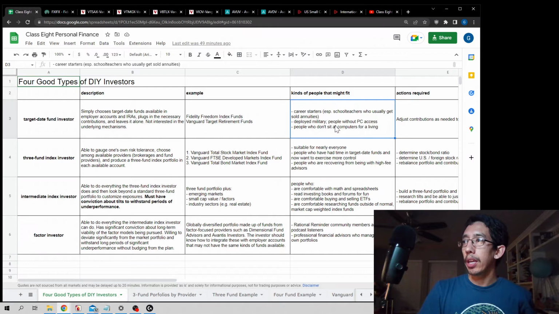And these annuity companies like TIAA will go after school teachers who don't know anything about financial planning and go, oh, let's do this annuity thing. It's really safe. And man, these annuity companies make a killing off you. You're 22. You don't need an annuity.